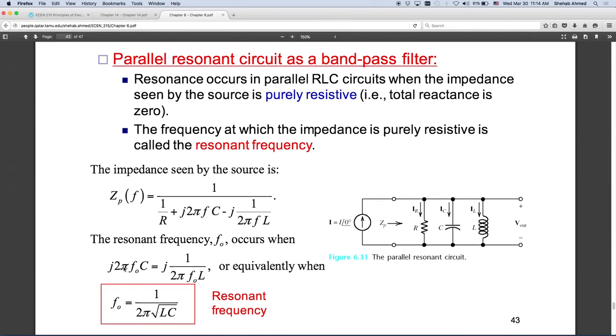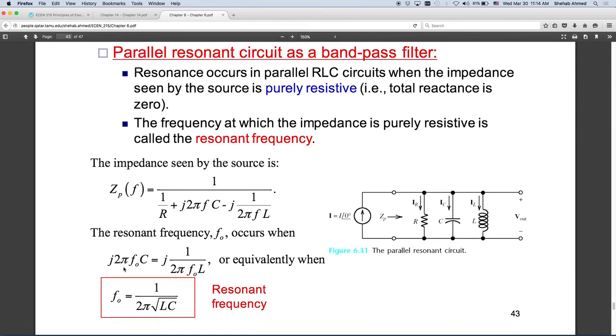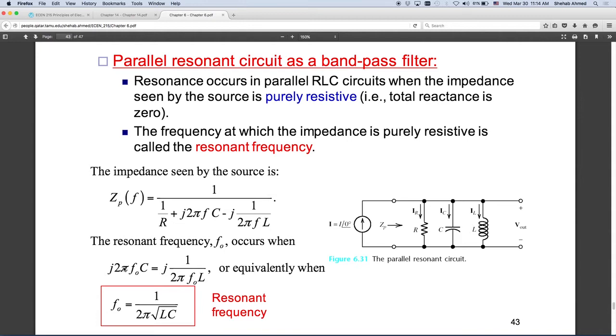Parallel resonance. In series resonance, we wanted the inductor and capacitor to basically look like short circuits and disappear. How about here? Here we want them to look like open circuits, because we would like no current to pass through the inductor and capacitor and be left only with the resistor.